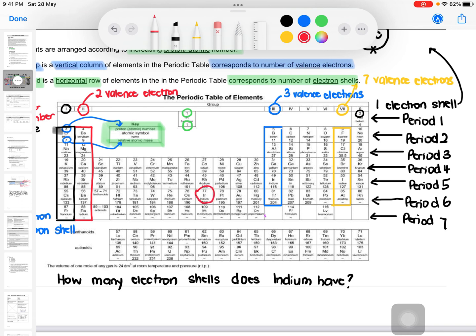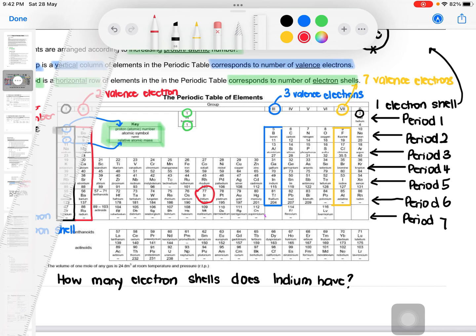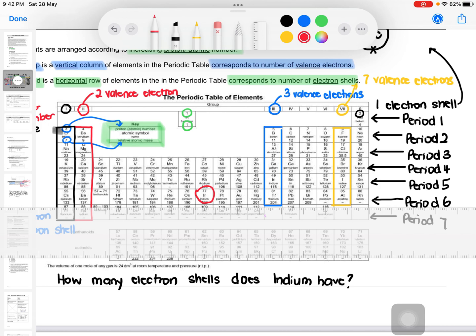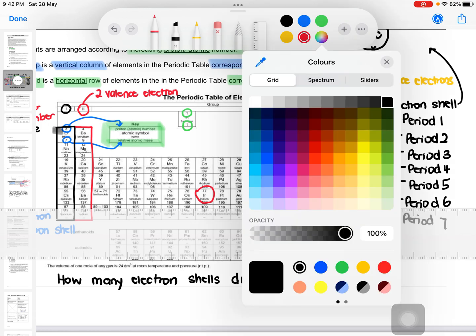Okay, so what you do is, if you look here, I am looking at the horizontal row of elements.